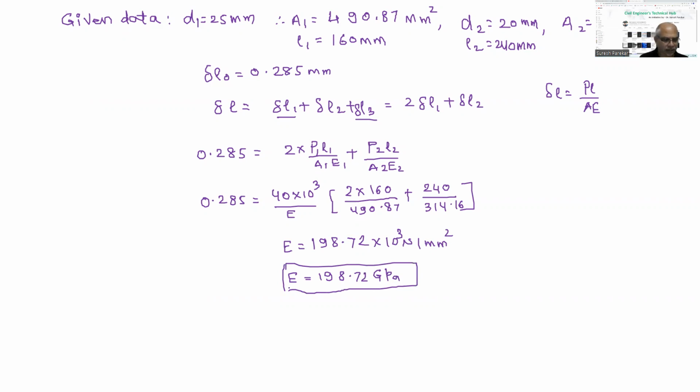Now you just calculate this and check whether the answer is correct or not. I will calculate once: 320 divided by 490.87 plus 240 divided by 314.16, multiplied by 40 to the power 3, divided by 0.285.